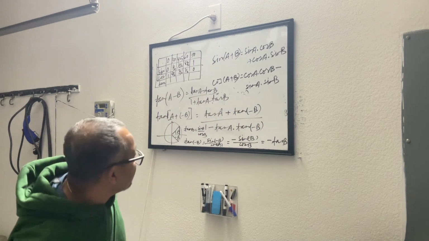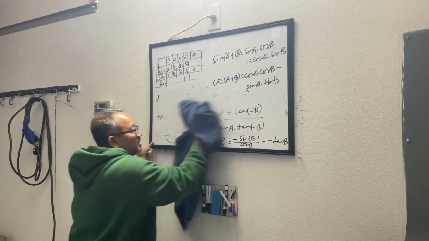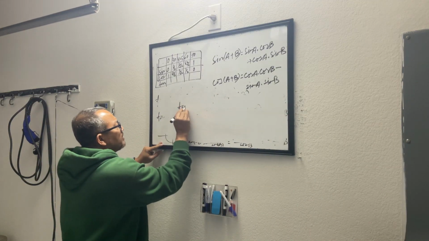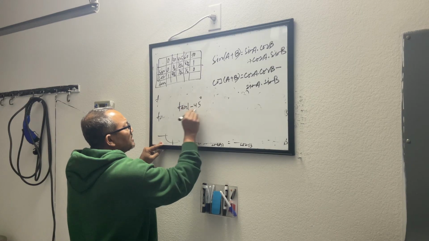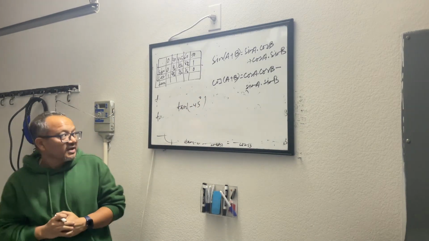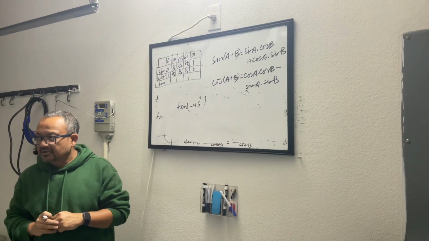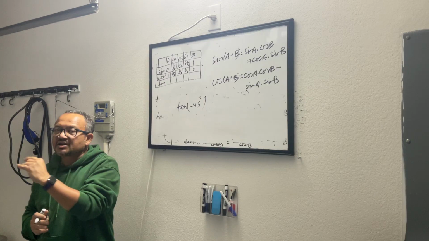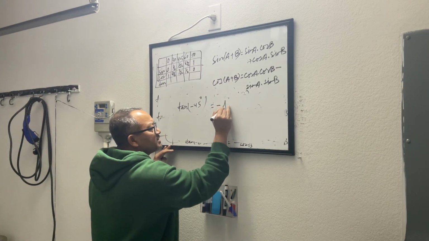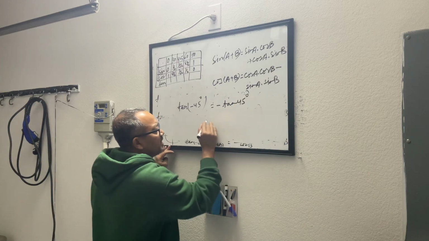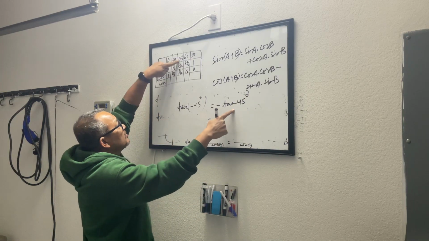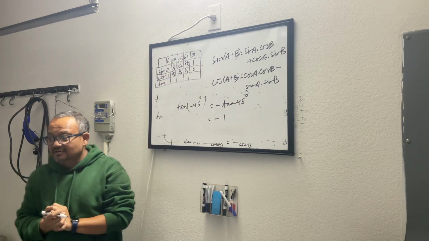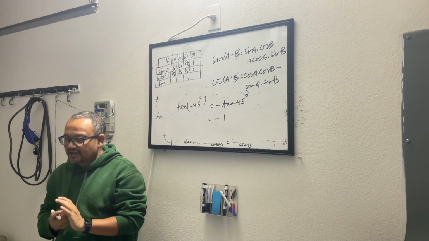So tomorrow if you come across a situation where somebody says find out tan of minus 45 degree, and trust me, when we are in this situation, you'll be able to recall that tan of B and tan of minus B are the same but with a negative sign. So this is the same as minus tan of 45 degree. And tan of 45 degree is 1 by root 2 by 1 by root 2. So minus 1. This becomes a cakewalk without any doubt in anybody's mind.